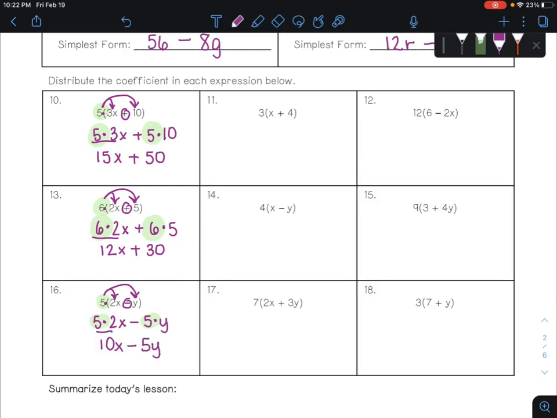Now, at this point, you may be wondering, why is it that we cannot go any farther to simplify this? Here's the thing. If you have 10 and then you have 5, you could do the 10 minus the 5. But it says 10x and 5y.